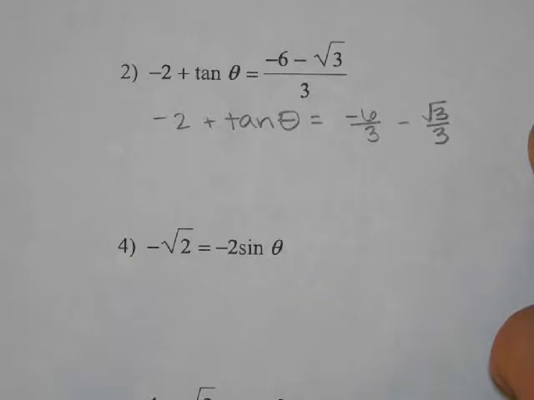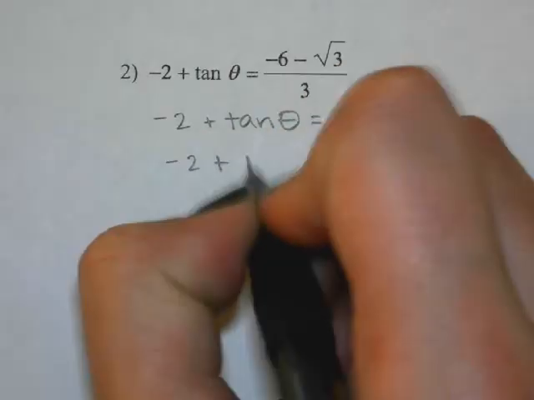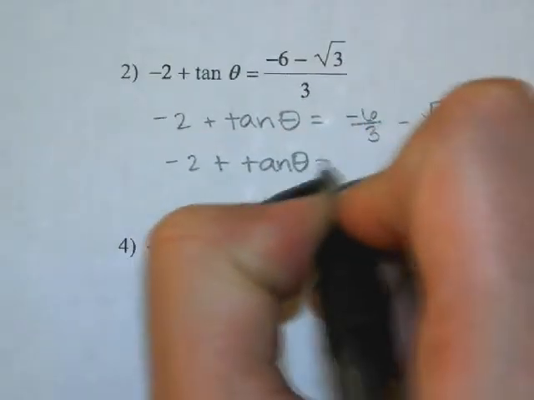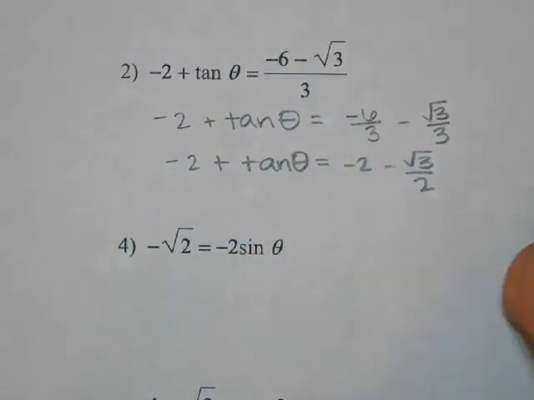Okay. Can I simplify one of those fractions? Yeah, the first one, -6 over 3 is -2. So I'm going to go ahead and rewrite that. And we have a -2 on each side.